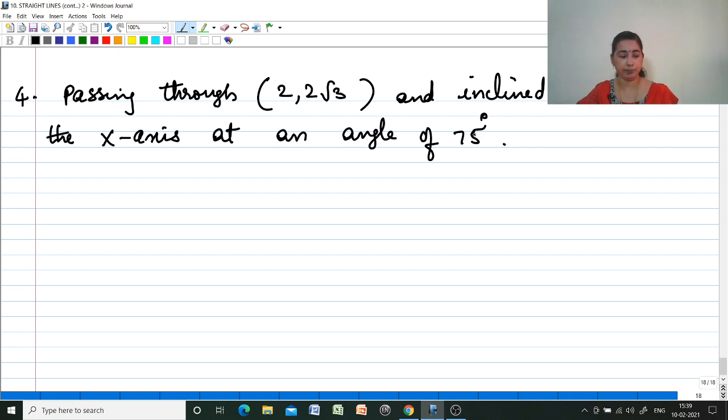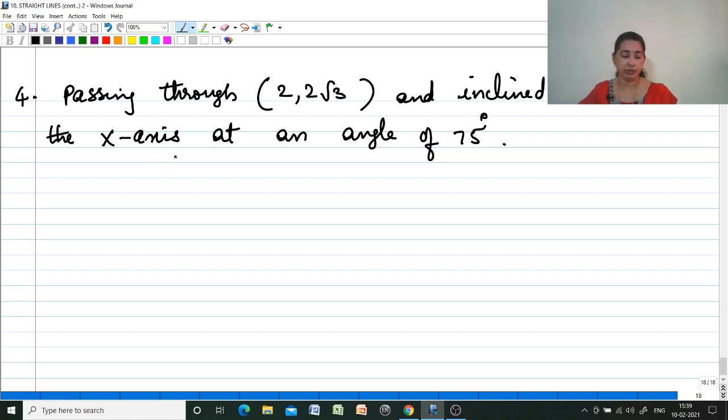So one point is given and the angle is given. If the angle is given, we can find tan theta, or the slope.